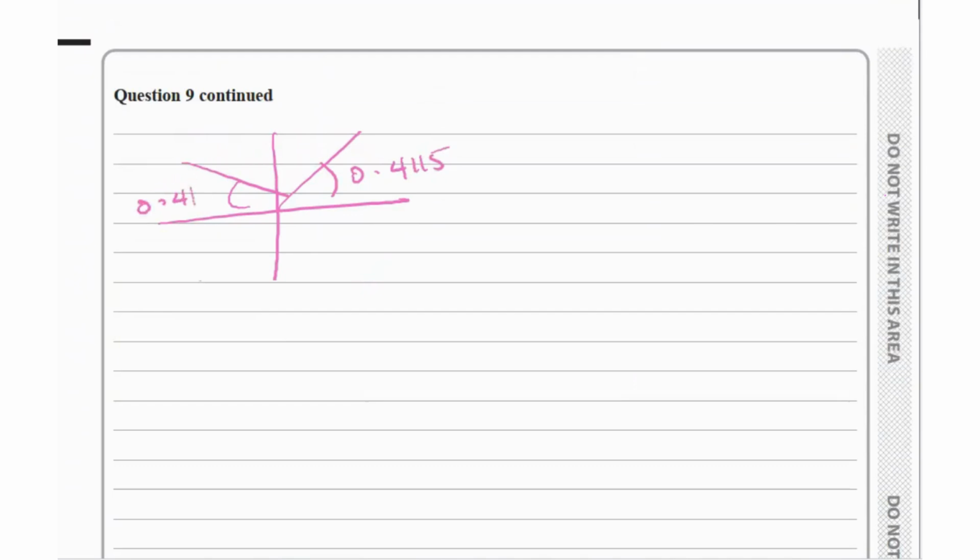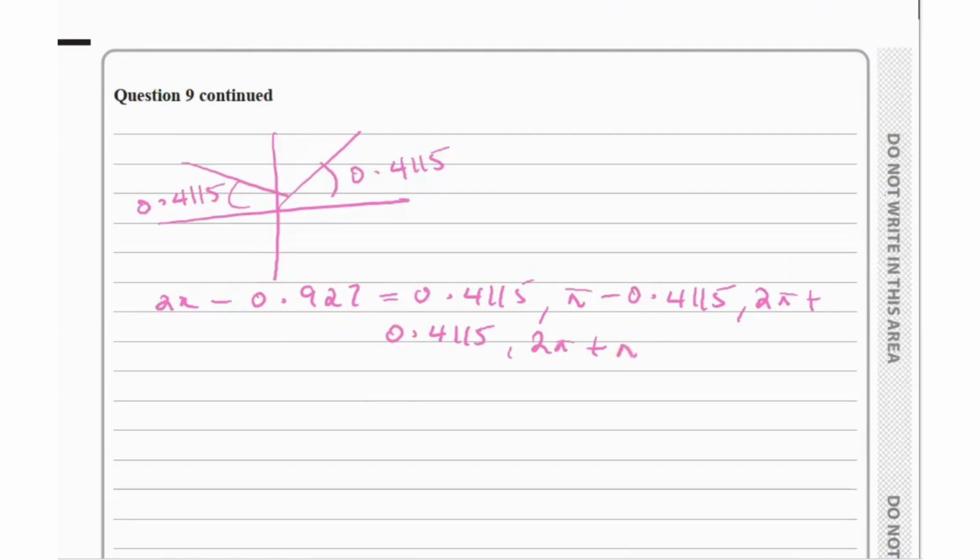But since it's a double angle, we're going to add 2 pi to our values. So our values of 2x minus 0.927 are going to be 0.4115, then pi minus 0.4115, then 2 pi plus 0.4115, and then 2 pi plus the second value, pi minus 0.4115.